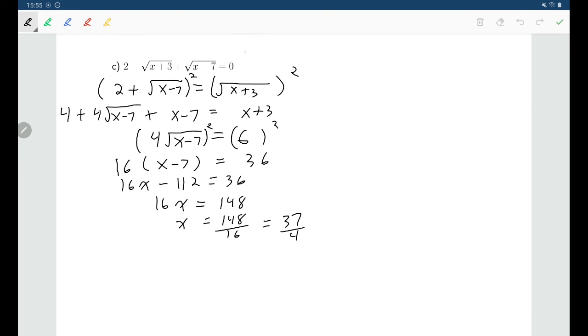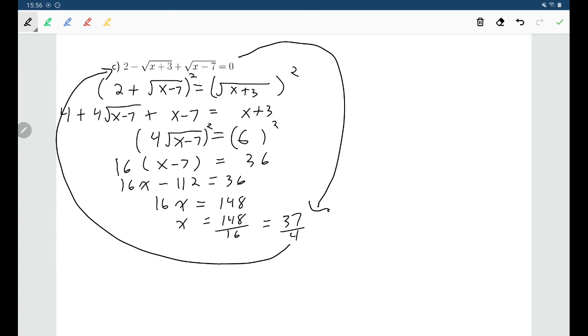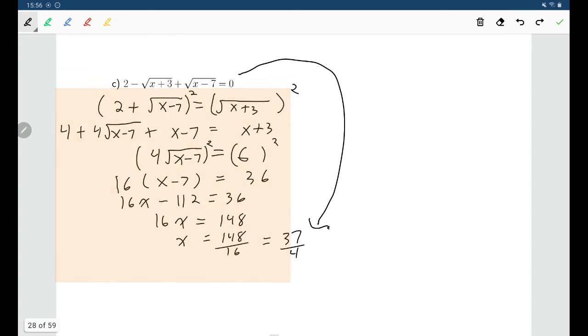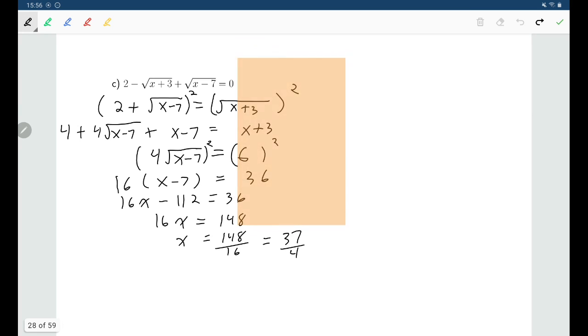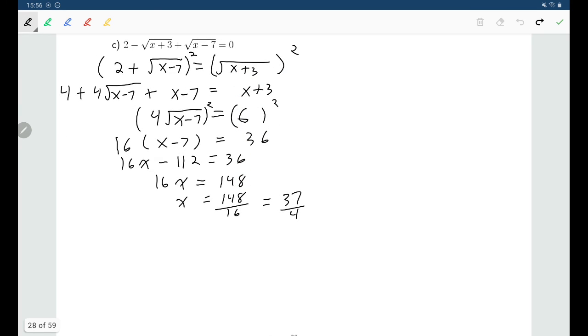It's possible that you could start with an equation, find one value for x, and then it turns out that this value for x does not solve the original equation. It might be a possibility that the original equation actually has no solutions. So we can't just assume that since we only found one value that it must solve the original equation. It's still mandatory. We still must check our solutions.